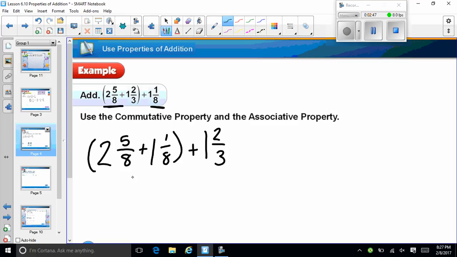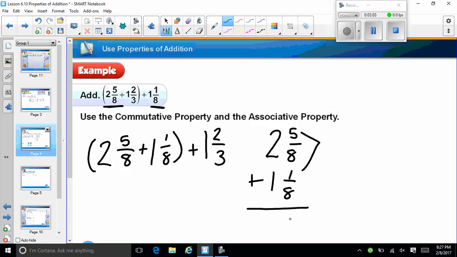I'm now going to add the numbers that are inside the parentheses. I like personally to rewrite this vertically, and so I'm going to do so here. So 5 plus 1 equals 6 over 8, and 2 plus 1 equals 3.